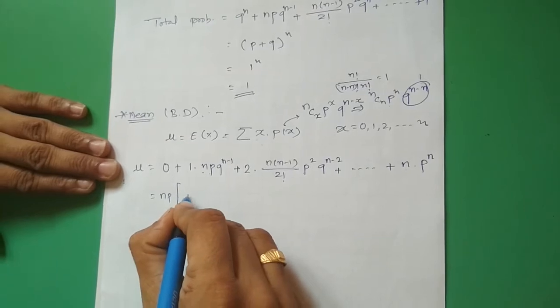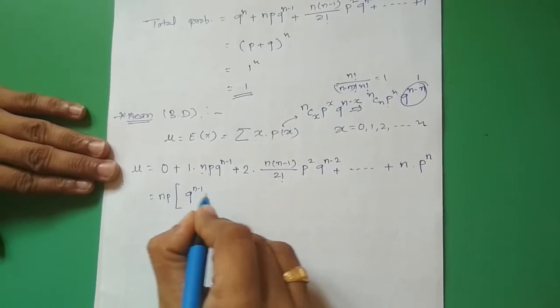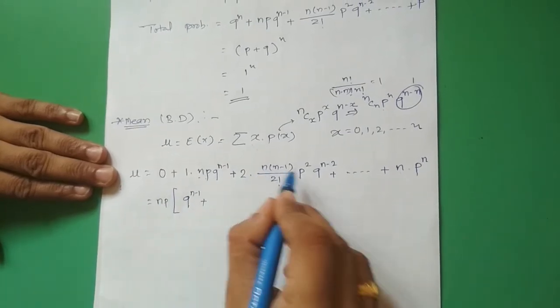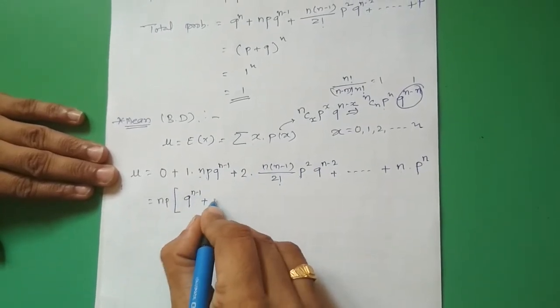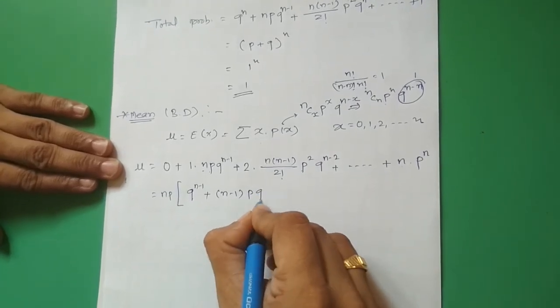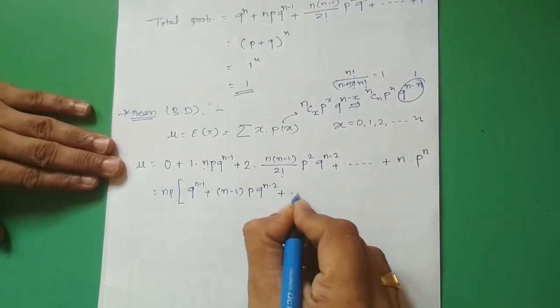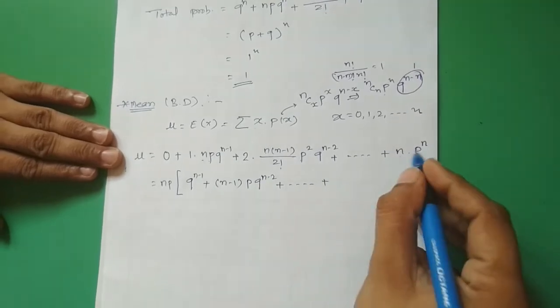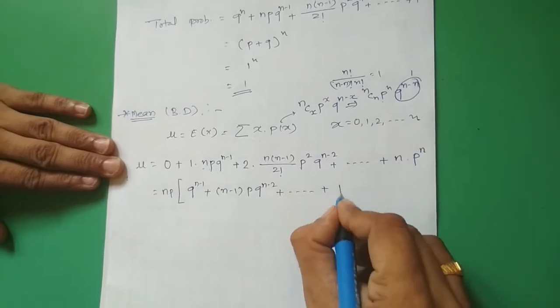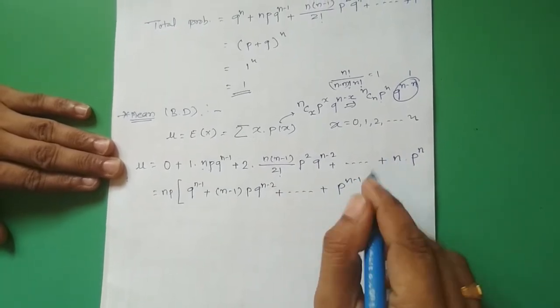Inside the bracket: q raised to n minus 1, plus n minus 1 p q raised to n minus 2, plus dot dot dot till the last term, which is p raised to n minus 1.